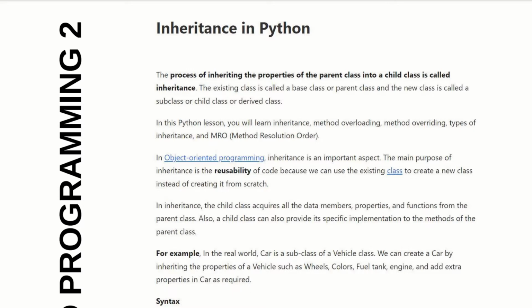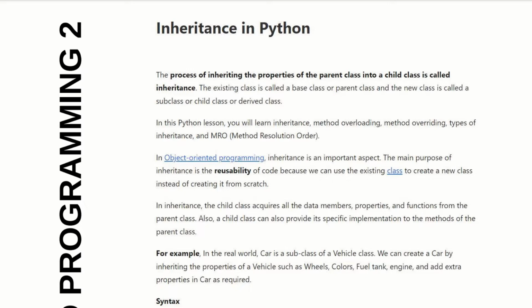In inheritance, the child class acquires or inherits all the data members, properties, and functions from the parent class. Okay, so that is inheritance. The child class can acquire the properties or the data members and function methods of our parent class.